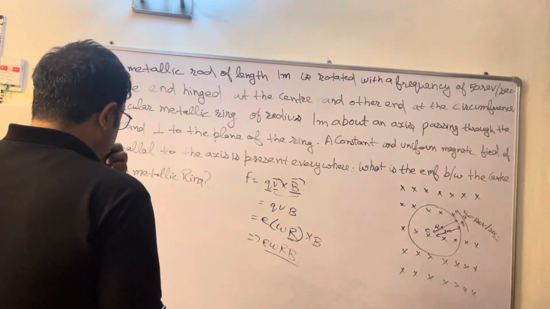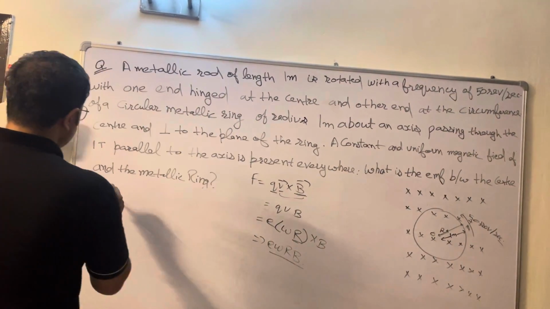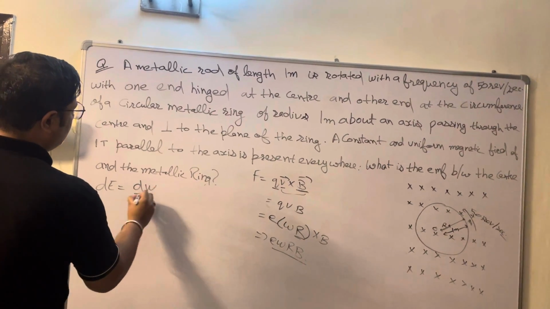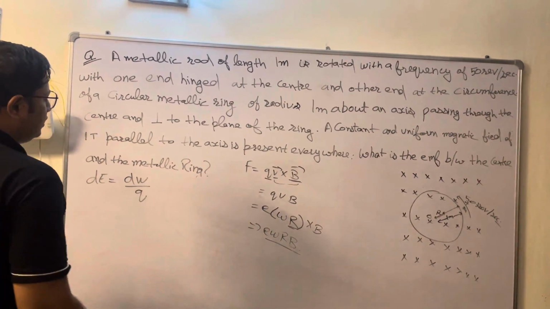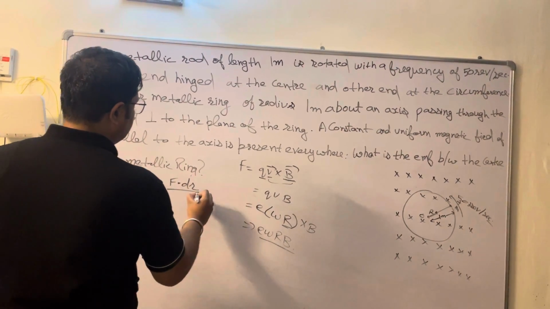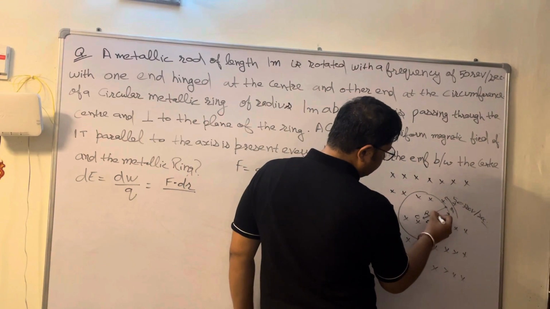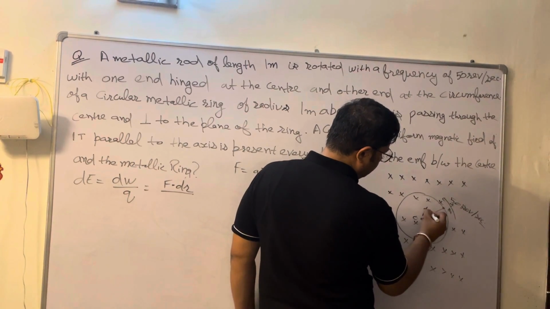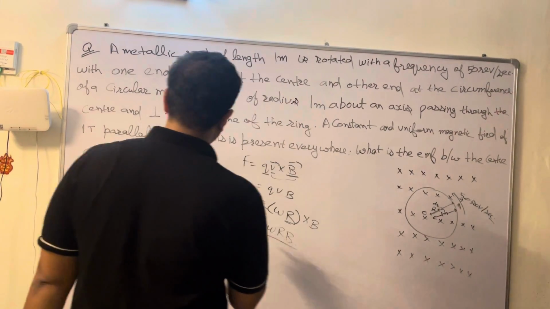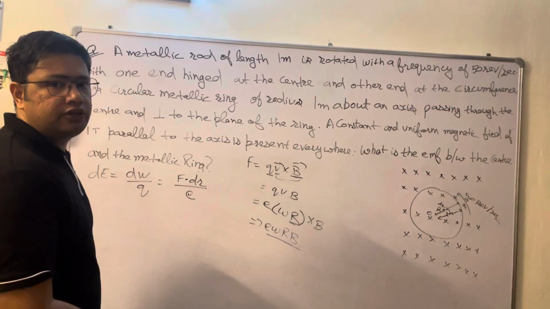Moving ahead, we are supposed to calculate the EMF. EMF is work done over charge, and work done is given as F dot dr. Suppose this charge moves a distance dr. In moving this charge from here to here, we have the work F dot dr, and the charge is the charge on the electron.